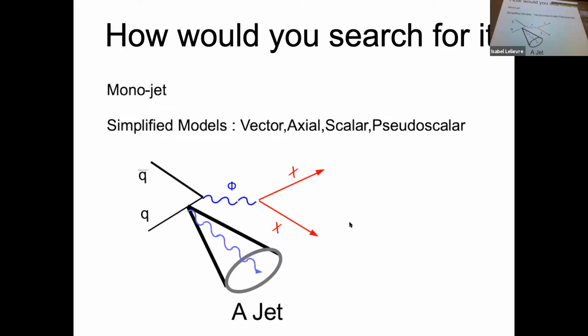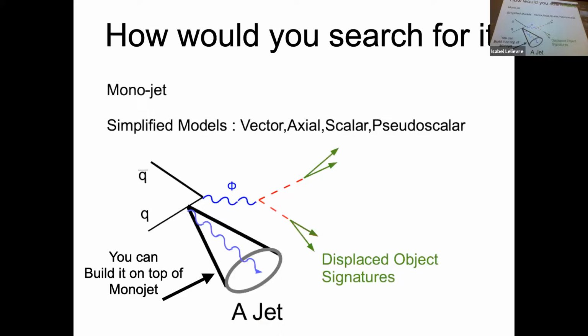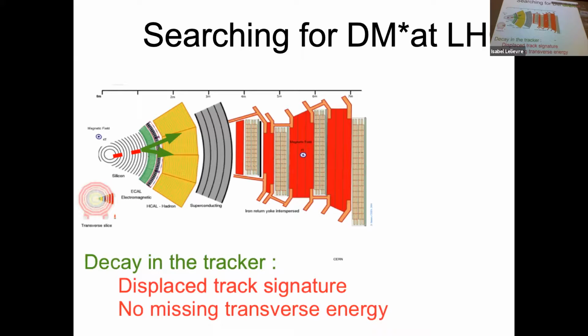And so the way I'm going to do this is just take the monojet, and I'm going to give it some displaced object. So we have a mediator, decays to something unstable. These decay to displaced objects, and then we get a jet. So this is just a monojet analysis, but perturbed by adding displaced objects. And so what we can do then is we do monojet, we look for a jet, and we look for a displaced object.